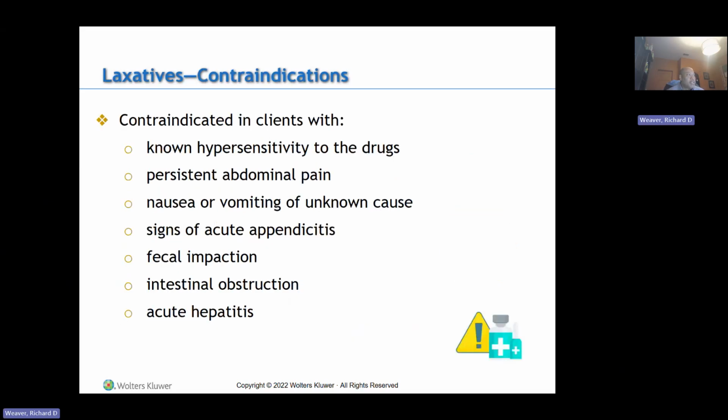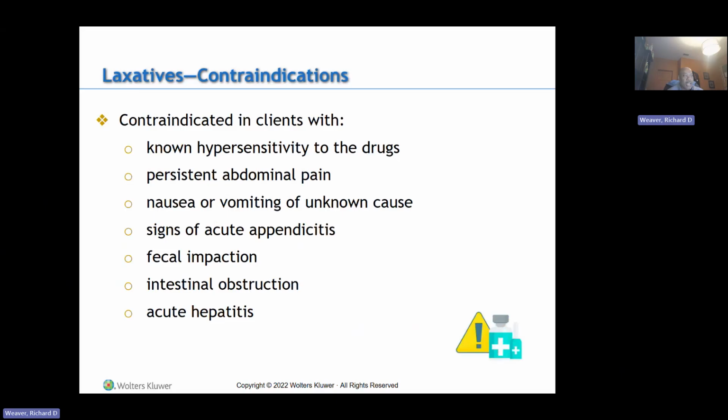Contraindications with laxatives: hypersensitivity to the drug. If someone has persistent abdominal pain, it would be contraindicated to give these medications. If they have nausea and vomiting of unknown cause, we need to figure out what it is first, instead of continuing to give this medication. Also contraindicated with patients who have signs of acute appendicitis or fecal impaction.